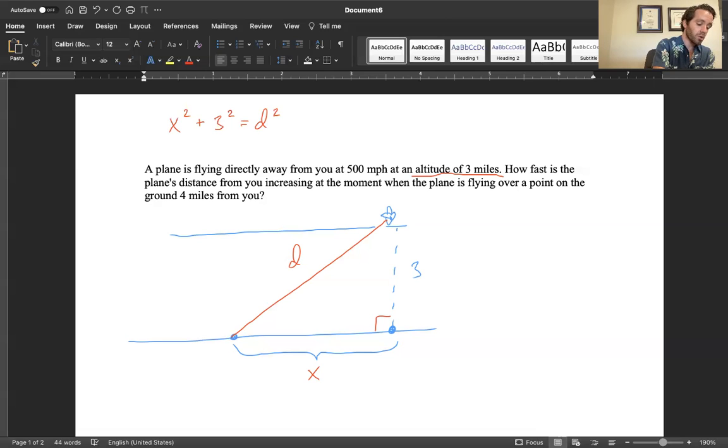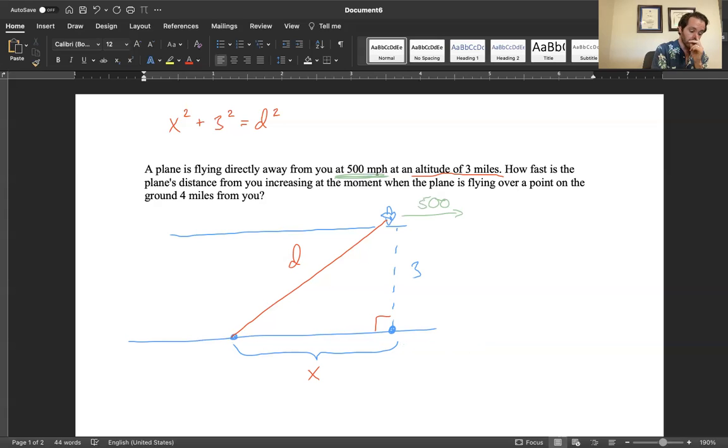Okay, let's also interpret the other information in the problem. Flying directly away from you at 500 miles per hour. 500 miles per hour means that it's going 500 this way. But what does that give the rate of change of? Well, as the plane flies away from you, the distance between you and the point directly under the plane, wherever it happens to be, is going to be increasing.